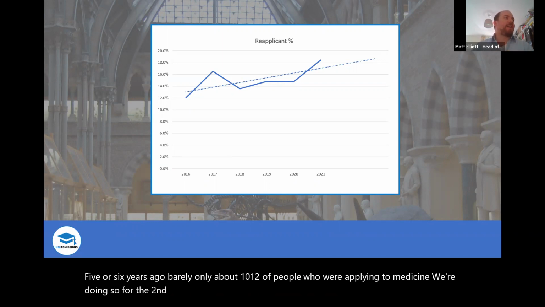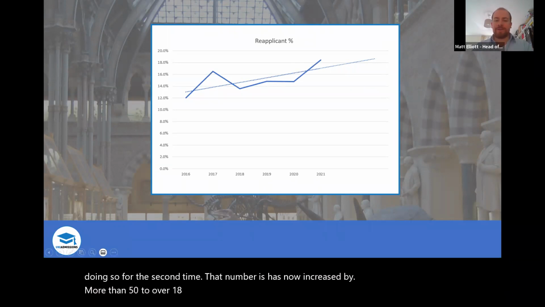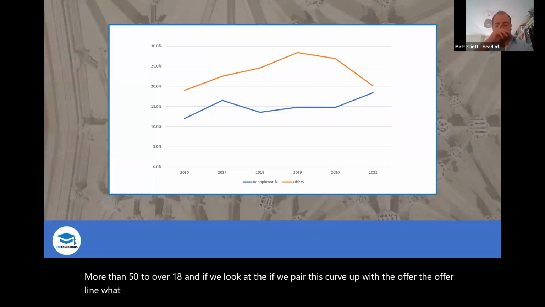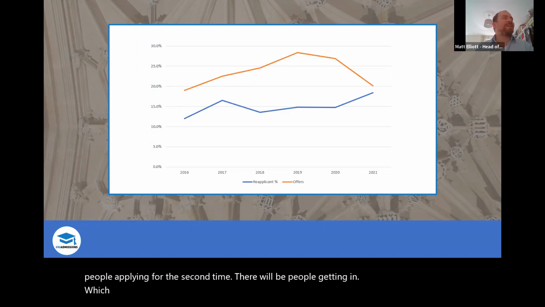That number has now increased by more than 50% to over 18%. And if we pair this curve up with the offer line, what we see is we're very rapidly closing in on a point that there will be more people applying for the second time than there will be people getting in, which is an interesting crossover.